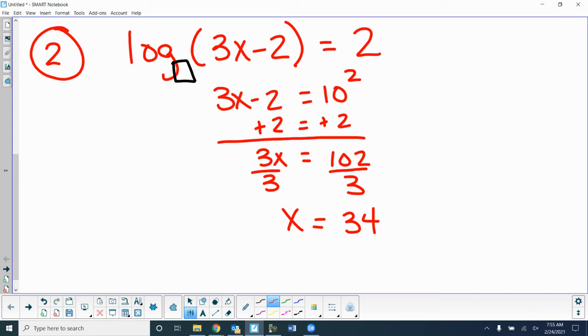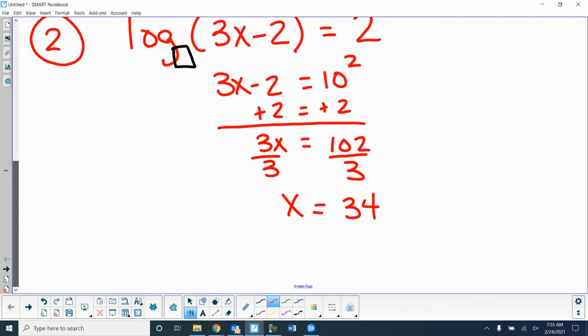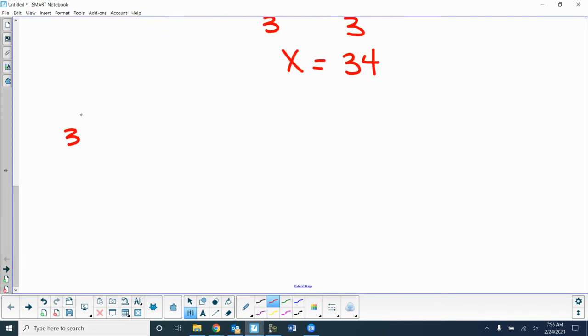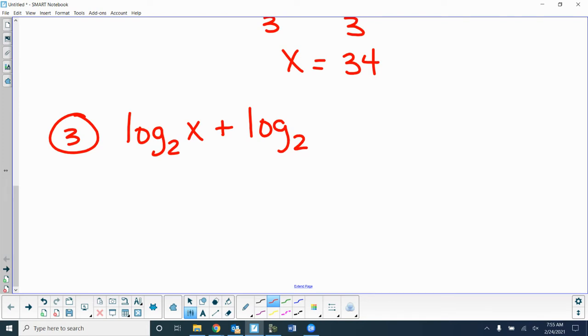All right, now number 3 is a little bit more difficult because I have 2 logs. So what I have to do first is condense the 2 on the left into a single log.